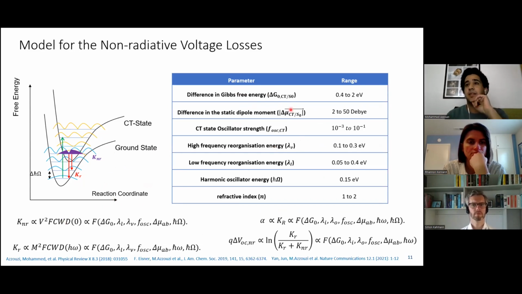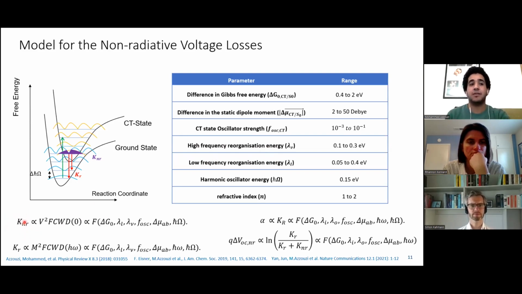They found a certain number of properties of the CT state, such as the difference in Gibbs free energy between CT and ground state, the oscillator strength of the transitions, which is related to how strongly they absorb light, and also the high frequency and low frequency reorganization energy.